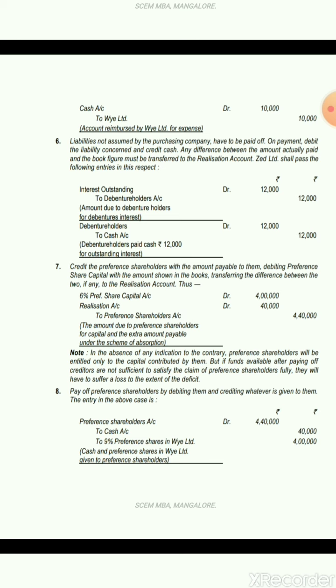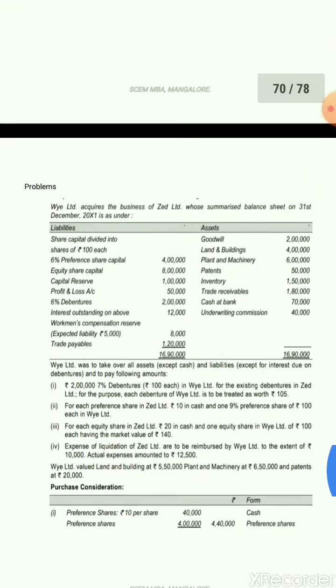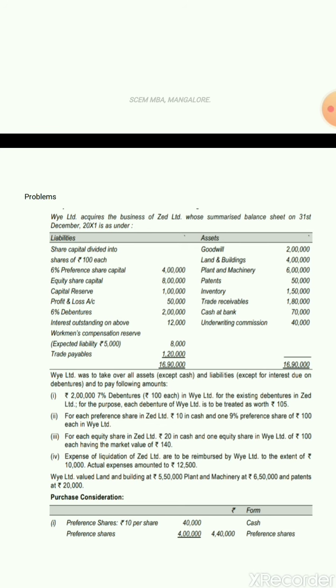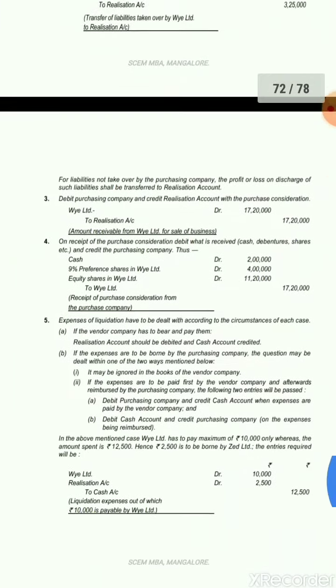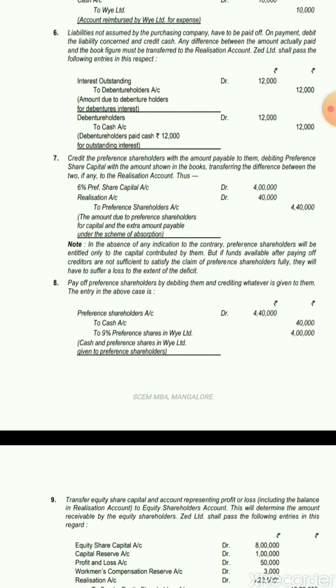So what is the entry we make? 6% preference share capital account. So where do we get this amount from? We shall see the balance sheet. The actual amount of preference share capital is 4 lakh, right? So we write 6% preference share capital rupees 4 lakh, and then realization account 40,000.